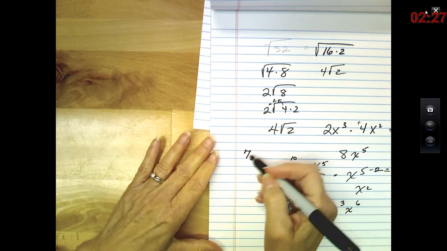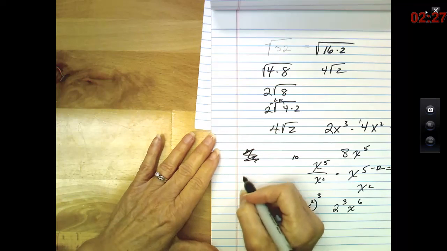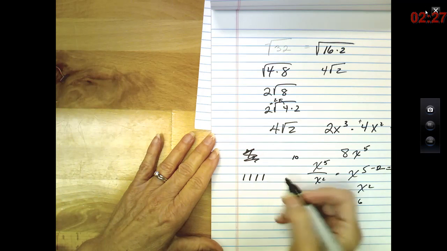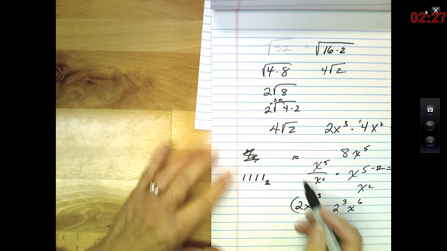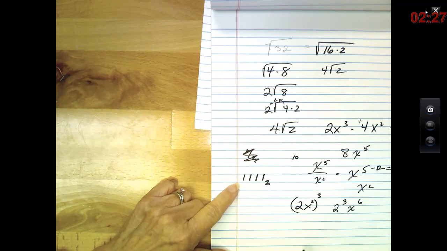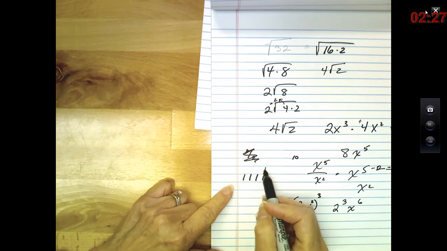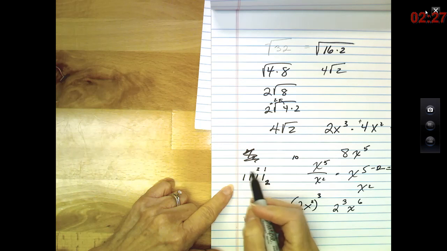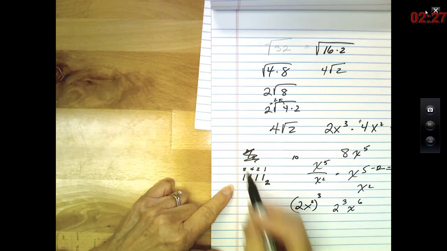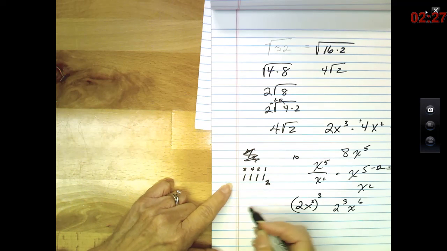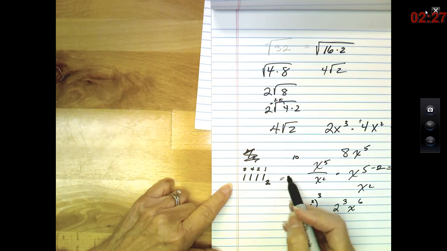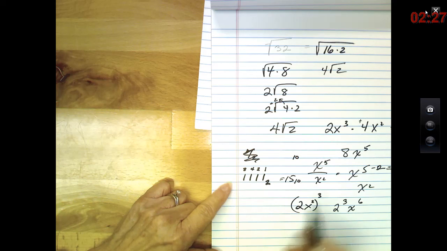No, that doesn't work out. Let's make that base 10. Remember, this is always your 1s. This is your 2s. 2 times 2 is 4. 2 times 4 is 8. Okay. And then you've got 8 plus 4 is 12, 14, 15. So that'd be a 15 in base 10.